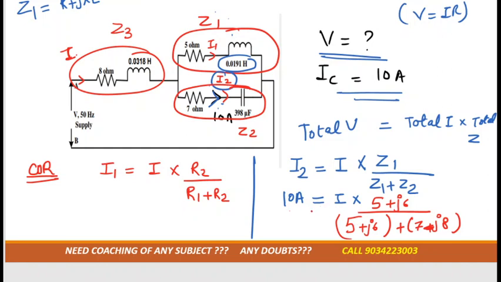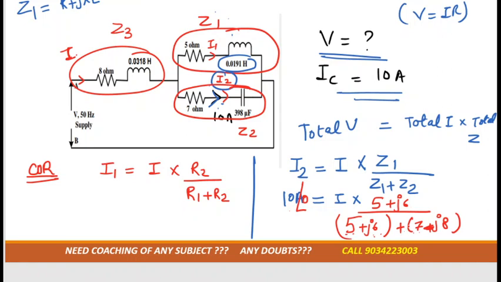We have 10 ampere, we can consider it as 10 angle 0. After solving, in the denominator there is a rectangular form, so we can simply add the real part with the real part, that is 5 plus 7, which is 12. Imaginary part with the imaginary part, j6 minus j8, is minus j2. Now we need to divide, and you know that for division we need which form?